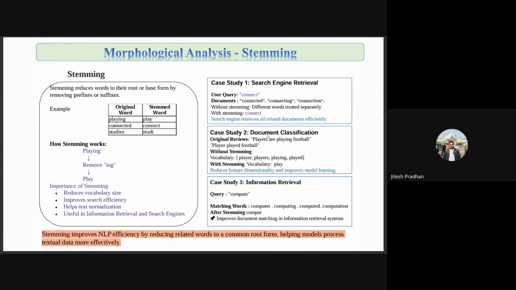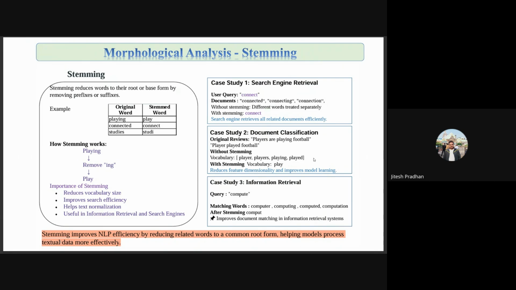At the same time, when we talk about document classification, look here. Players are playing football. Players played football. These two are the same. Without stemming, the vocabulary will be players, player, playing, played, and football. It's just vocabulary related to play only. Football is a unique word, and the four words are the same. So the vocabulary will be 4 for this and 1 for football.